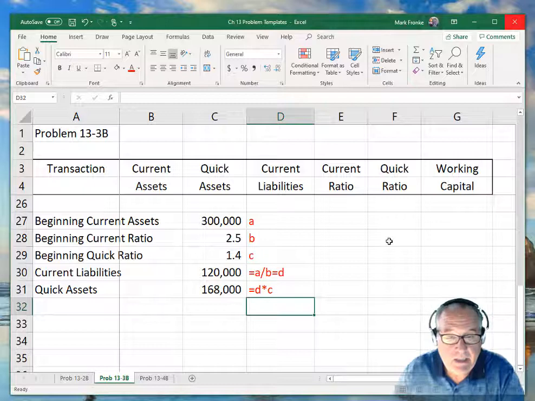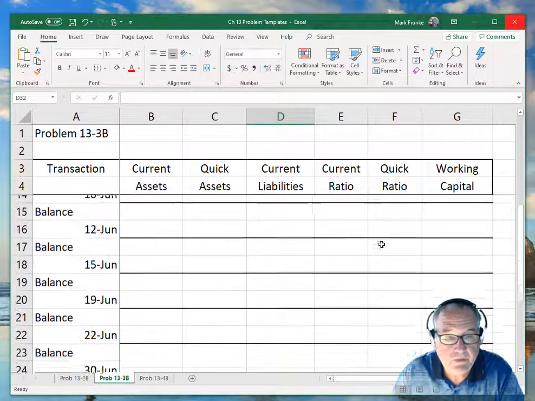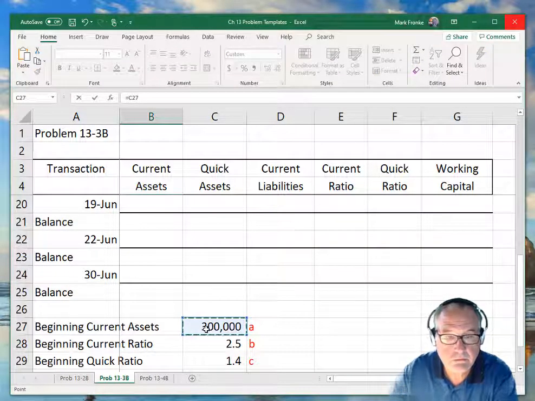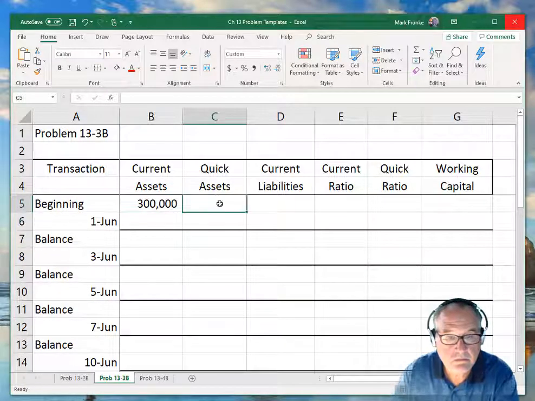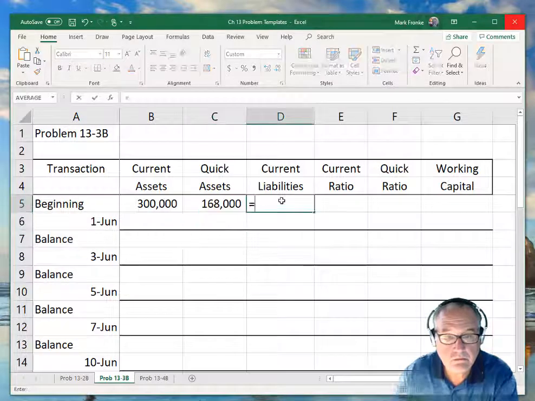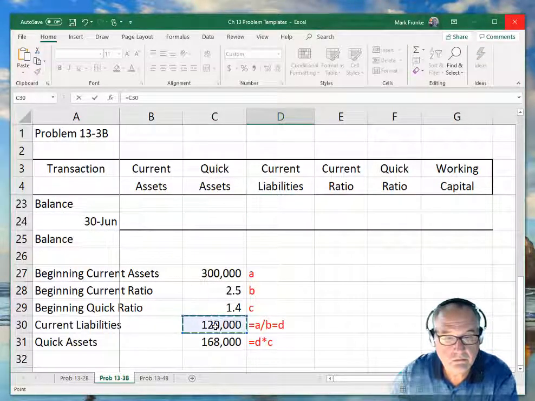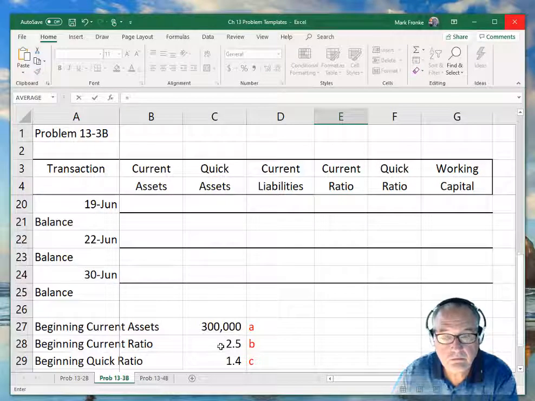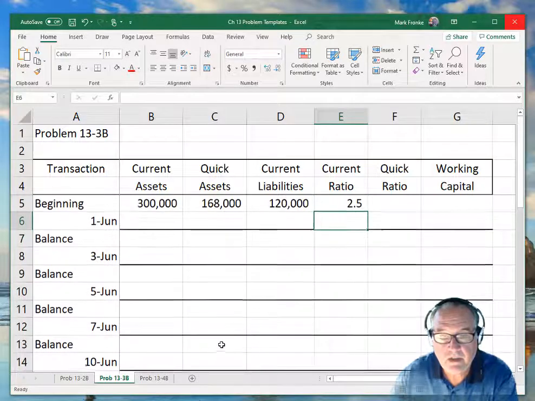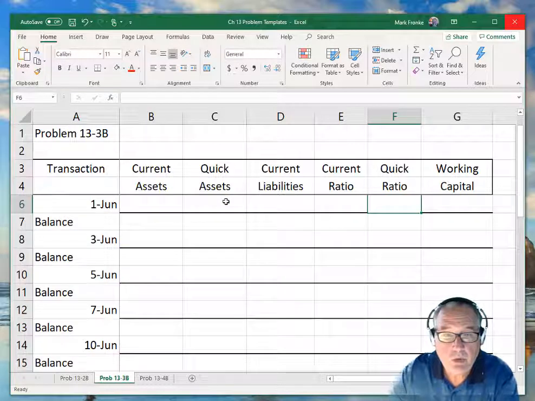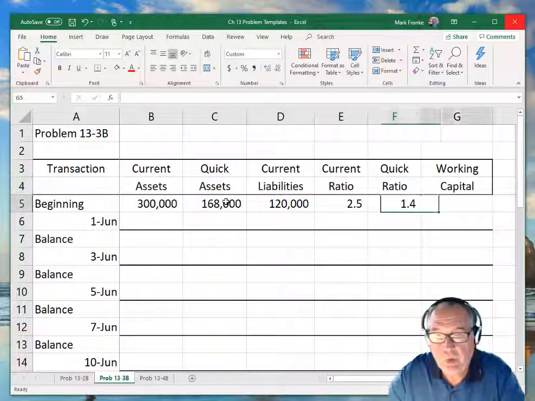So now we have our beginning numbers and we can link those in up at the top of the schedule. And then we can calculate working capital.